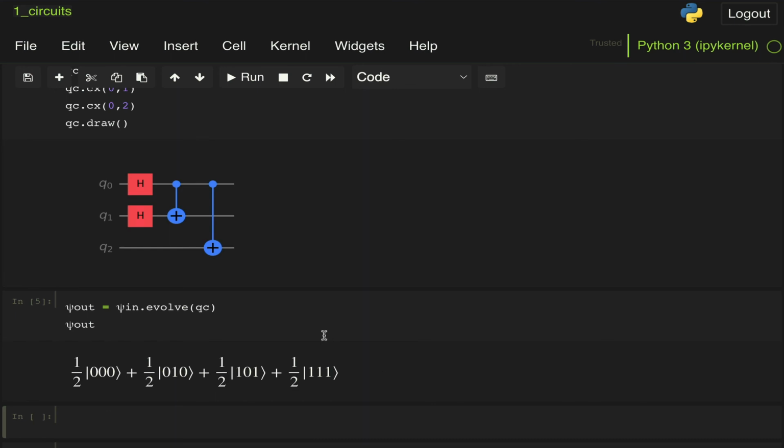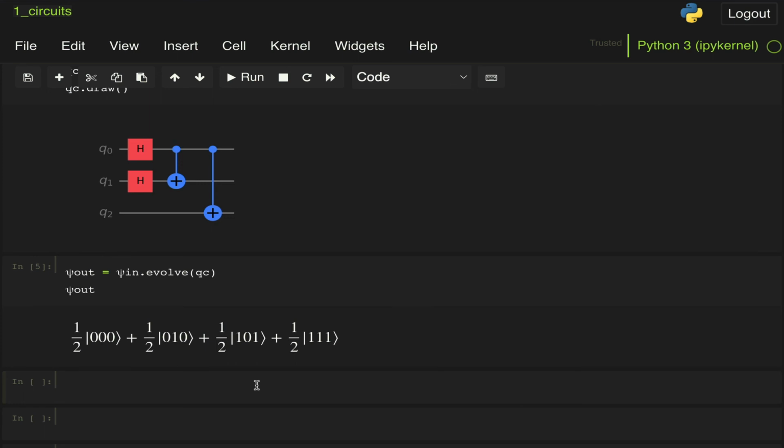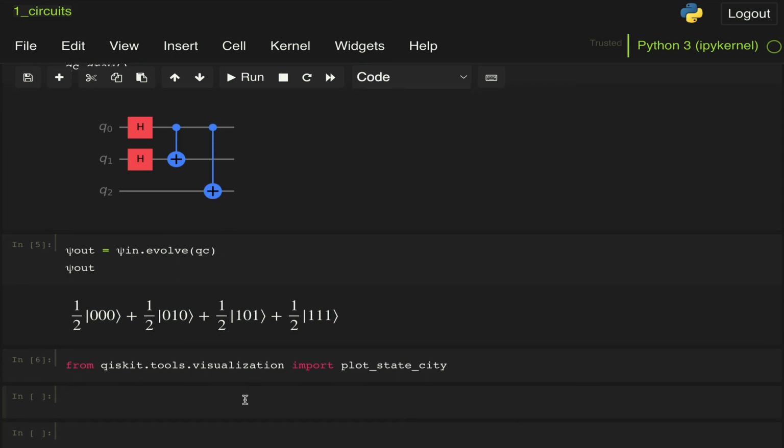Now, one thing we can do here is plot the state city plot using the conventional way, which is by importing, from qiskit.visualization, import plot_state_city, and we can basically just do plot_state_city and pass our state psi_out.